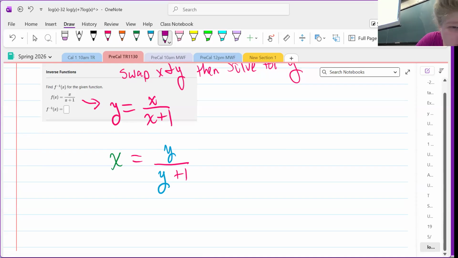So now I have my weird equation, x equals y over y plus 1, and I want to solve for y. Trying to solve anything with an algebra fraction is like, please no. So our first step is get rid of the fraction denominator.